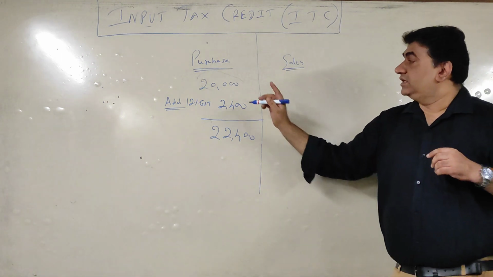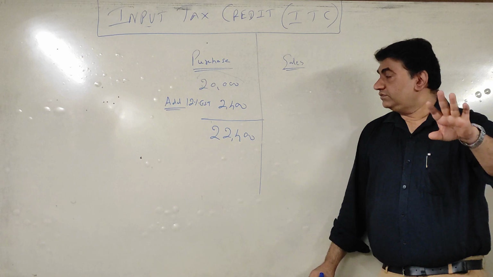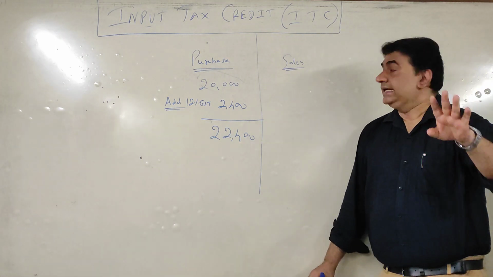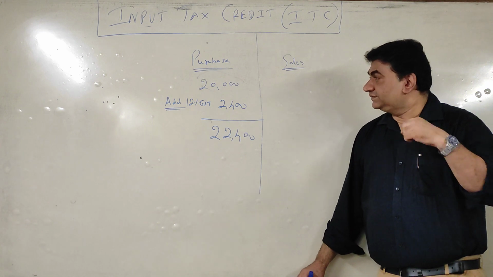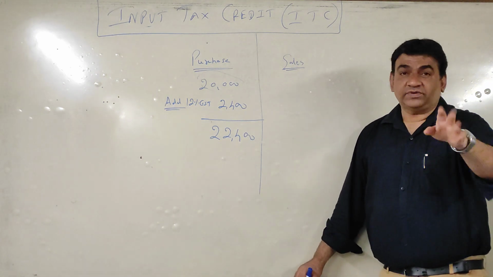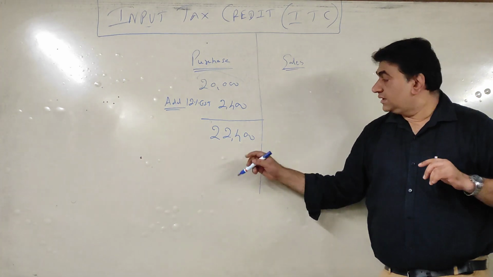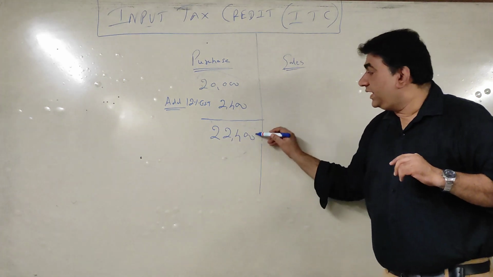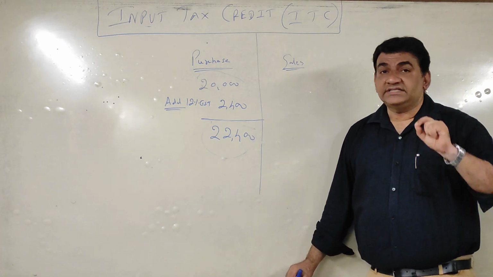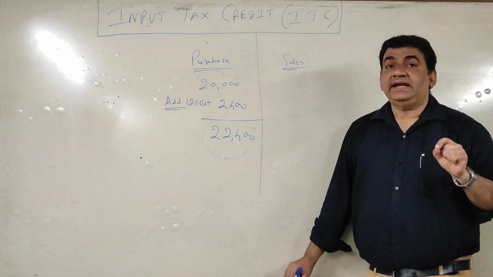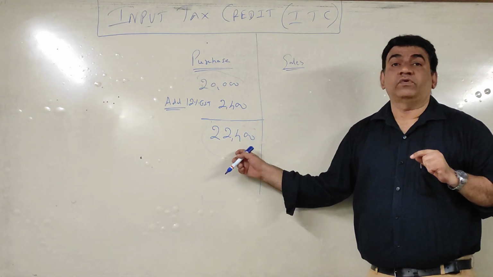These goods which he bought for 20,000, again very important: 98% of students, and I won't hesitate to say half the professors also, don't know this. When you record this entry in your books of accounts, you have paid 22,400. If you are a dealer registered under GST, when you pass the entry, you will not debit purchase account by 22,400.